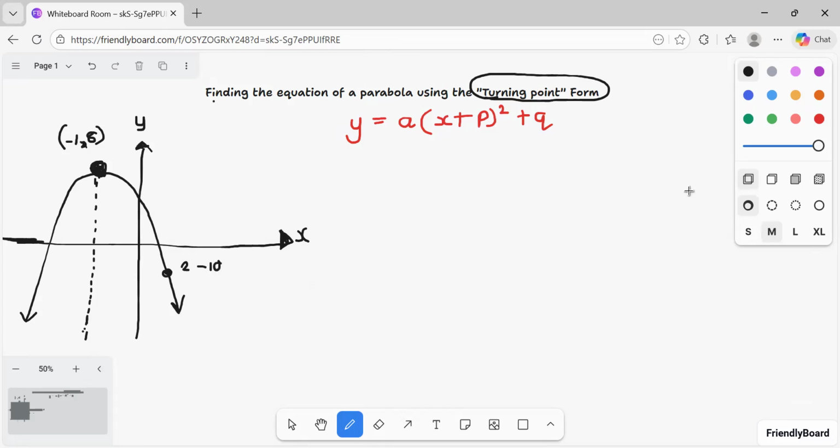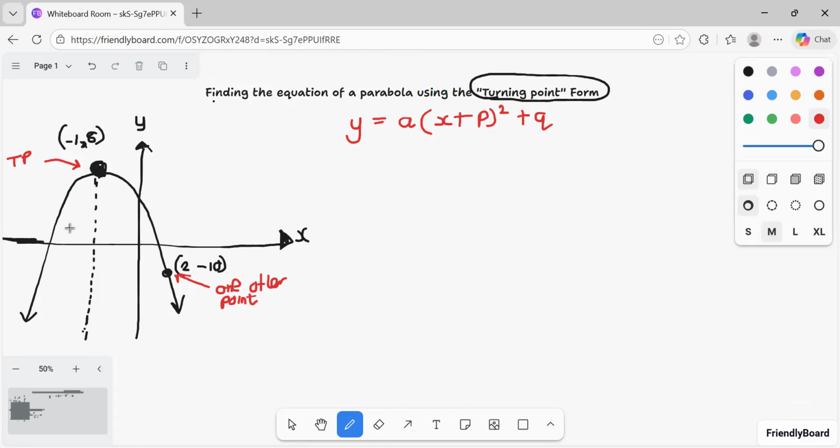So now it's clear that we have got a turning point, I'm just going to write it as TP, turning point, and one other point given. This is what I just need.